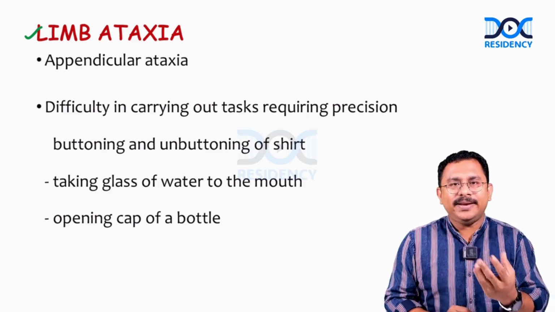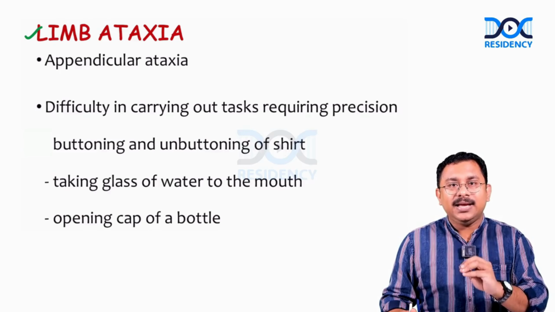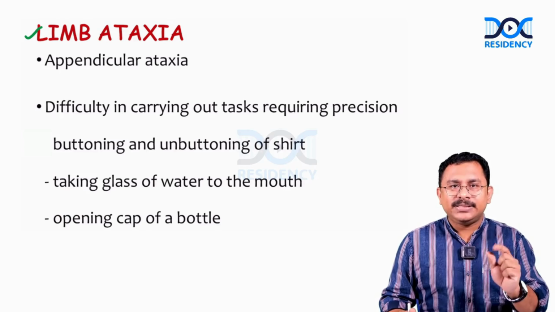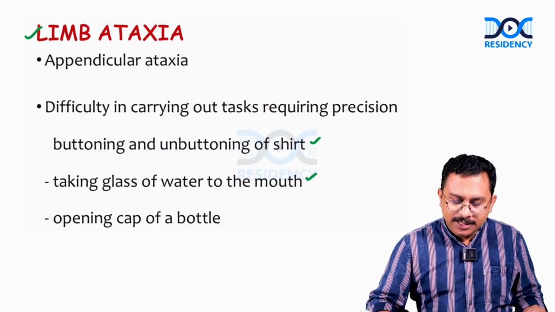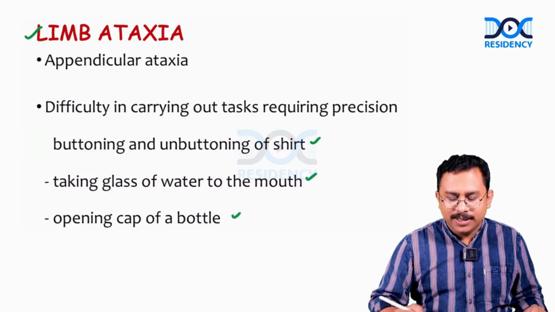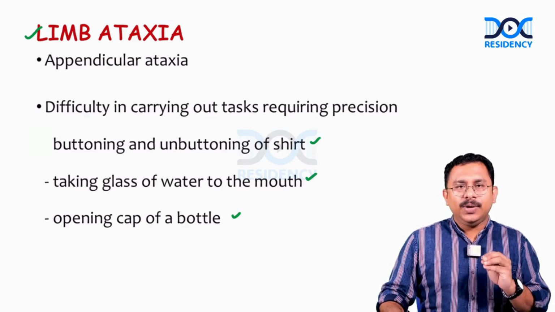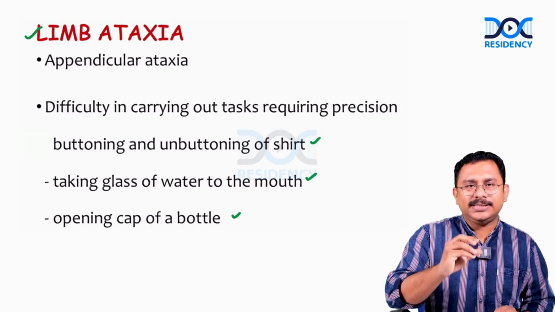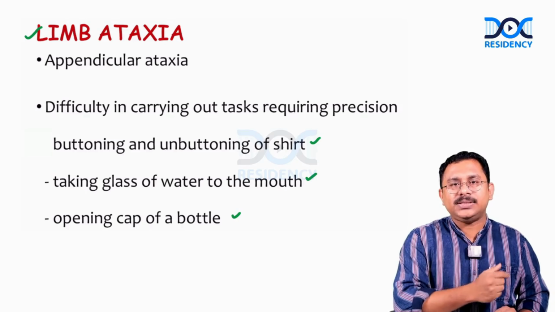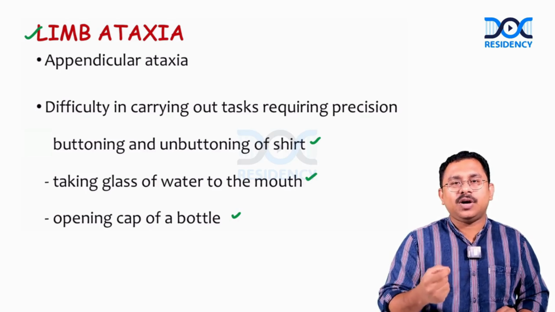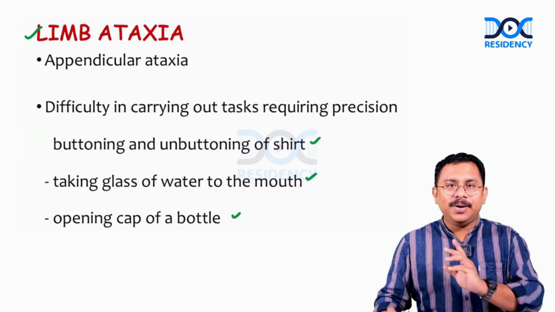How will the patient manifest? The patient will have difficulty in carrying out tasks that require precision, for example, buttoning and unbuttoning of a shirt, taking a glass of water to the mouth, opening the cap of a bottle. Though there is no motor deficit here, we know that to fine-tune and to properly plan such skilled movements, you will require the support of the cerebellar hemispheres, and here you can have limb ataxia.